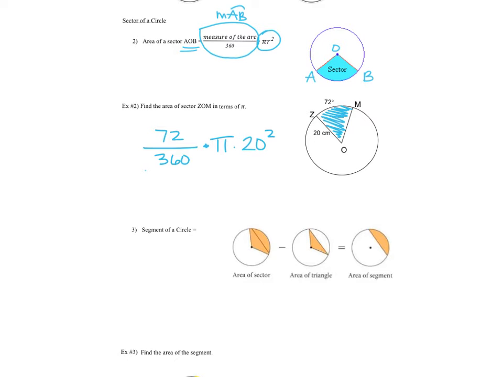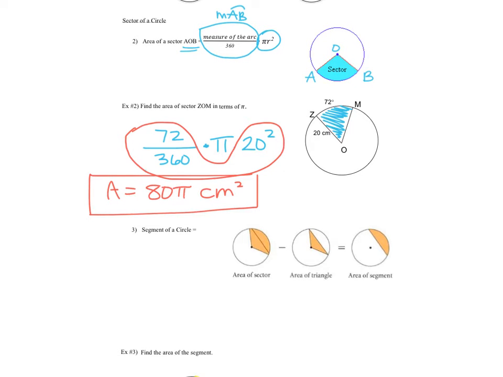Okay. Now again, like I said before, when we plug this in, we're not plugging the pi in. You're plugging in 72 divided by 360 times 400, or times 20 squared, okay? When you plug that in, you get 80, and then you can attach your pi, and then label your units square centimeters.